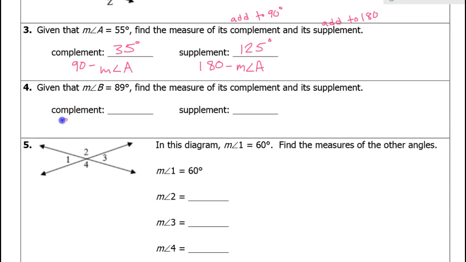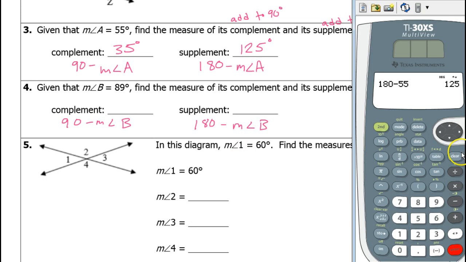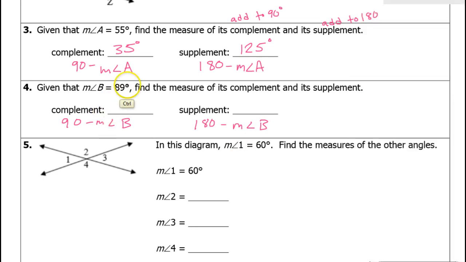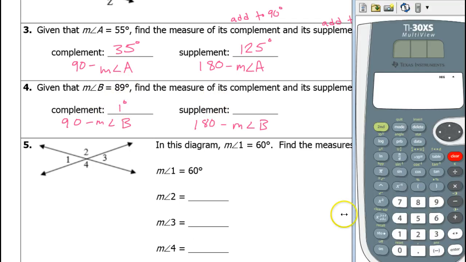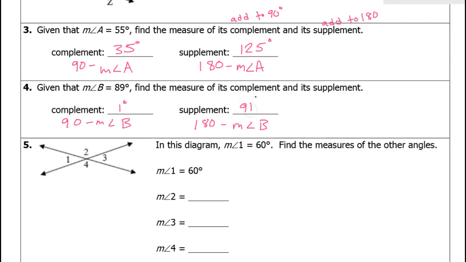So here again, for the complement, I will do 90 minus the measure of angle B. And for the supplement, I will do 180 minus the measure of angle B. Okay, so obviously 90 minus 89 is 1 degree, which you can definitely do in your head. 180 minus 89 is 91. So the supplement would be 91 degrees.